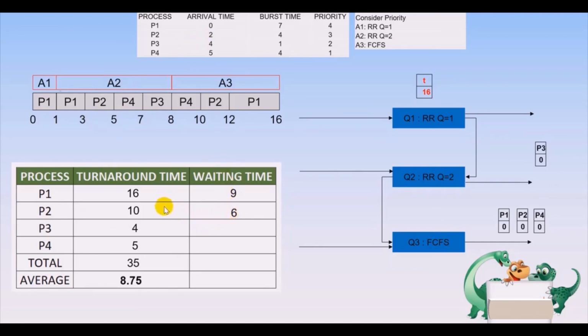Next, for P3, it waited until 7 milliseconds, so 7 minus 4, that's 3. And for P4, it waited until 8 milliseconds. Initially it waited 5, was preempted at 7, and resumed at 8, so you've got 1, plus 5 is 6, minus 5, that's 1. So the total is 19 divided by 4, you've got 4.75 milliseconds.